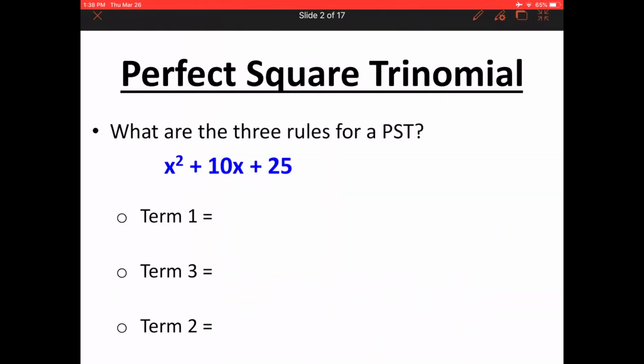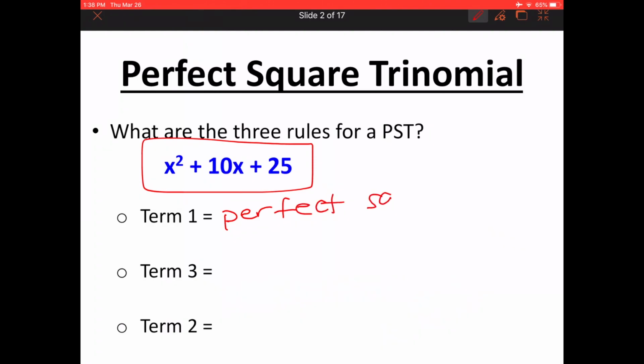Before we do that, I want us to take a look at chapter 9 again, a little review of what a perfect square trinomial even is and what it looks like. Here's an example of a perfect square trinomial, and we want to remember our rules of what makes something a perfect square trinomial. Term 1 has to be a perfect square.